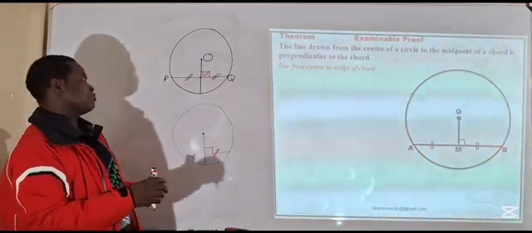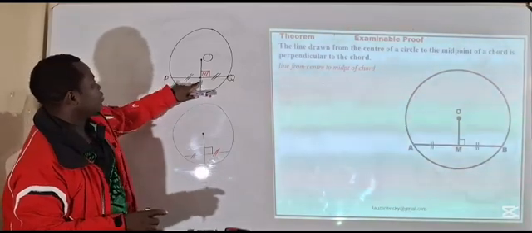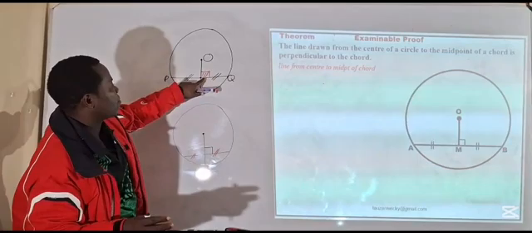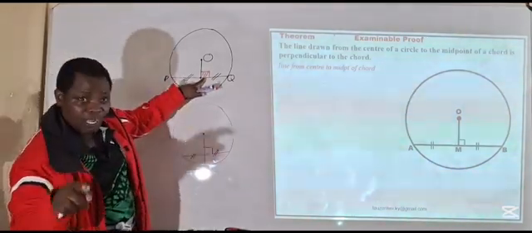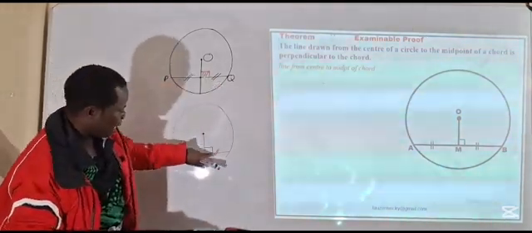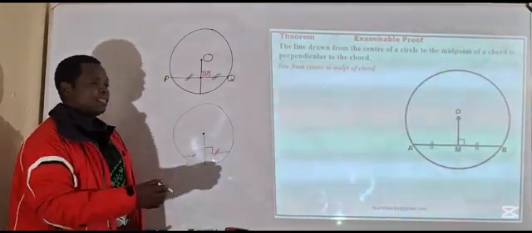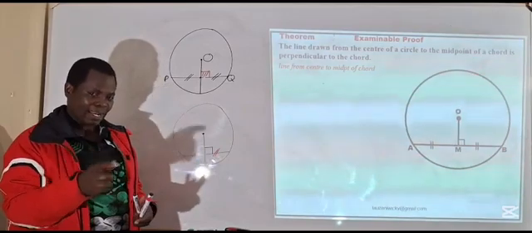So in an exam situation, if you are told that the chord is divided into two equal parts, then the angle is 90 degrees. If you are told that the angle is 90 degrees, it follows that the chord is divided into two equal parts.